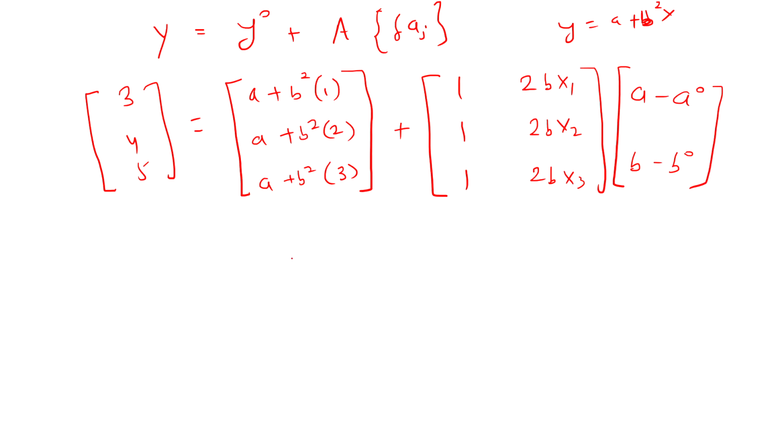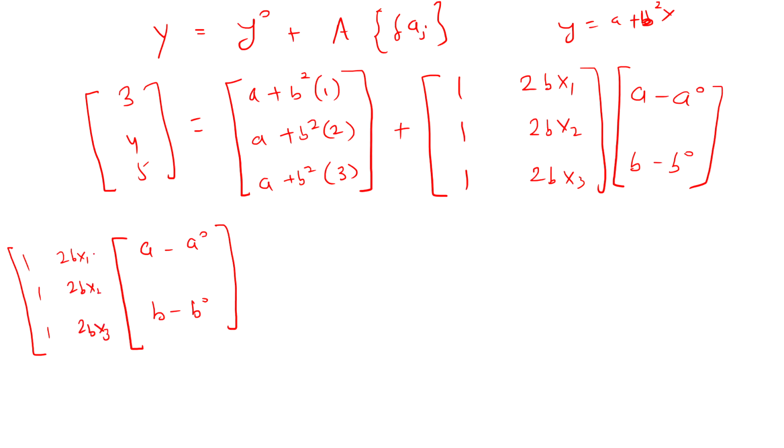So from this we can see that delta a, which is a minus a0, b minus b0, is coming out to be, so there will be a multiplication of 1, 1, 1, 2bx1, 2bx2, 2bx3.